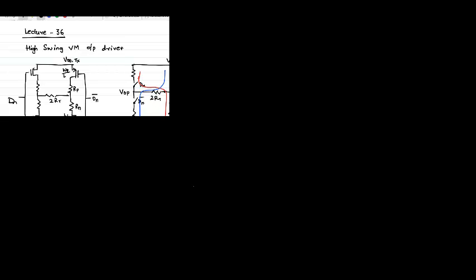But there are two parasitic capacitances which will play a role. One is the internal node parasitic capacitance, and the other is the parasitic capacitance at the switching side.